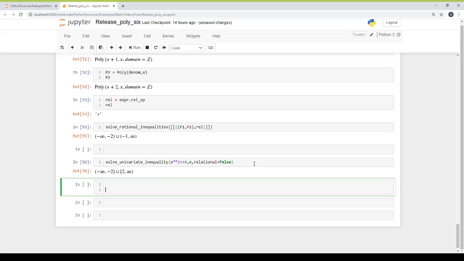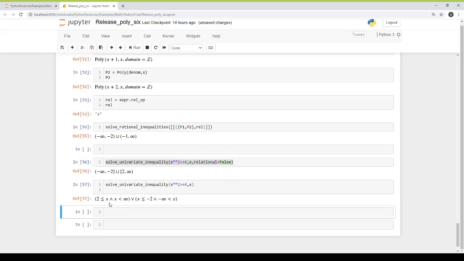Take another example. If we do not pass relational is equal to false, then we will get x is greater than or equal to 2 here, meaning we are including 2 also, and x is less than infinity, or x is less than or equal to minus 2 and x is greater than minus infinity.